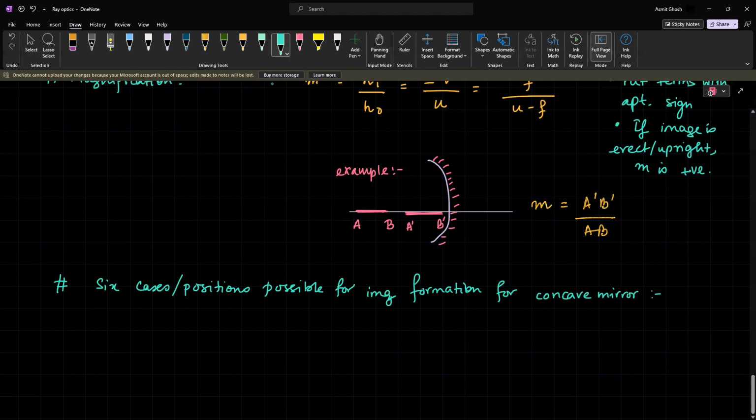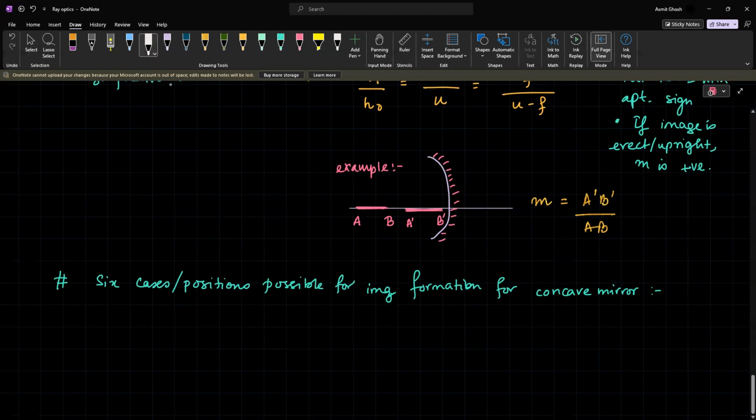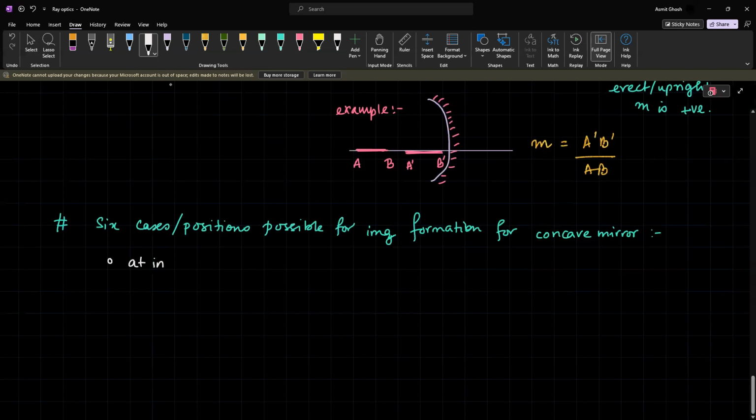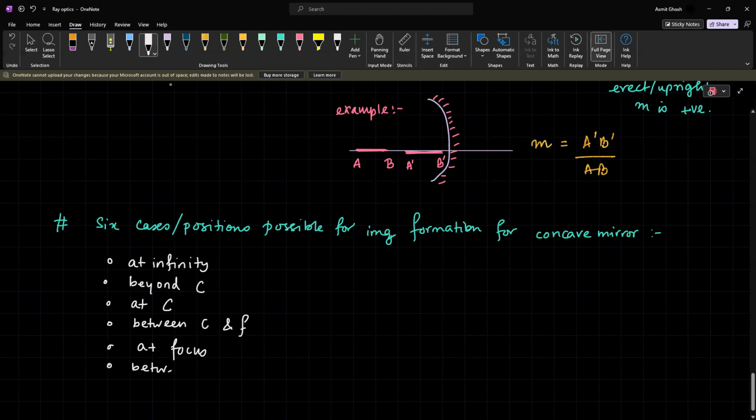One is from infinity, beyond center of curvature, at center of curvature, between center of curvature and focus, at focus, between focus and pole.